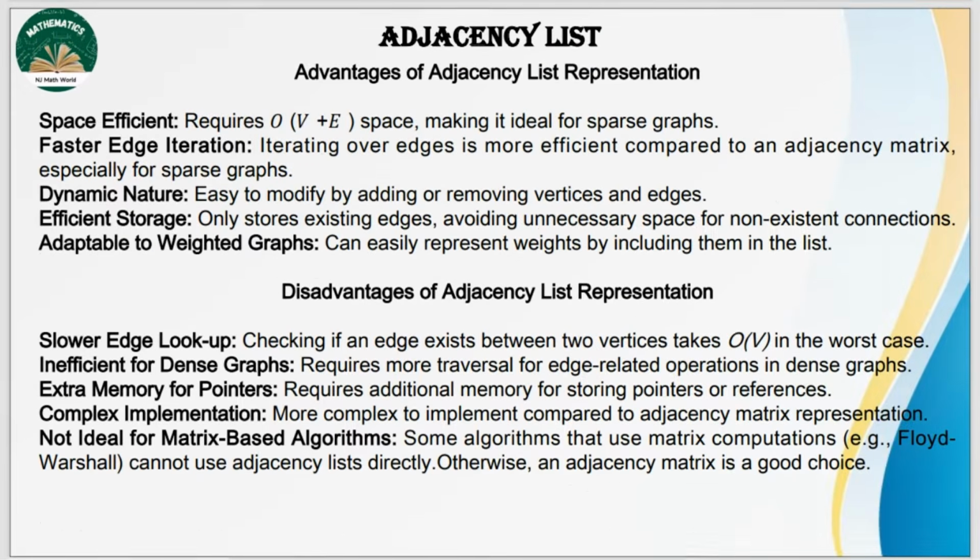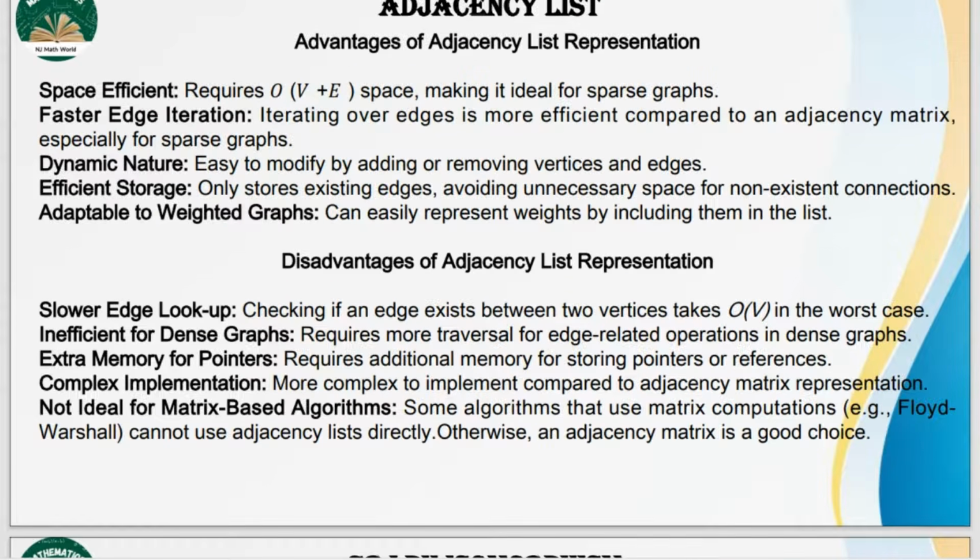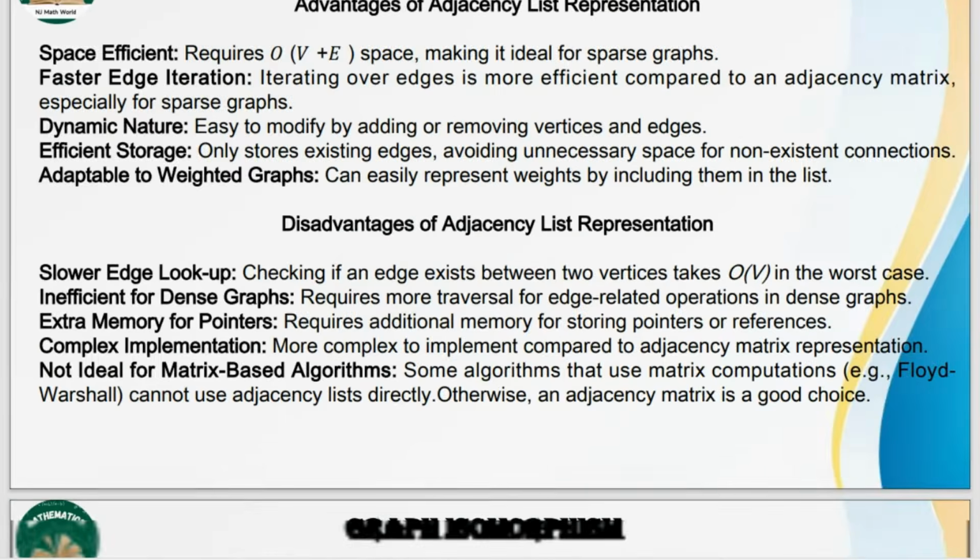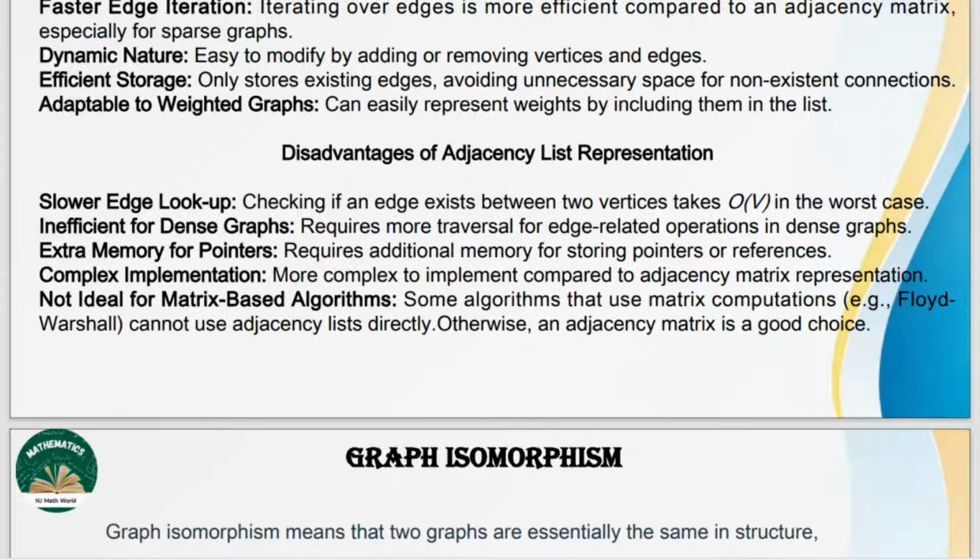Then for the adjacency list, you have advantages and disadvantages. Advantages: space efficiency, fast edge iteration, dynamic nature, efficient storage, adaptable to weighted graphs. Disadvantages: slow edge lookup, that is checking the existence of an edge between two vertices is slow in the worst case.